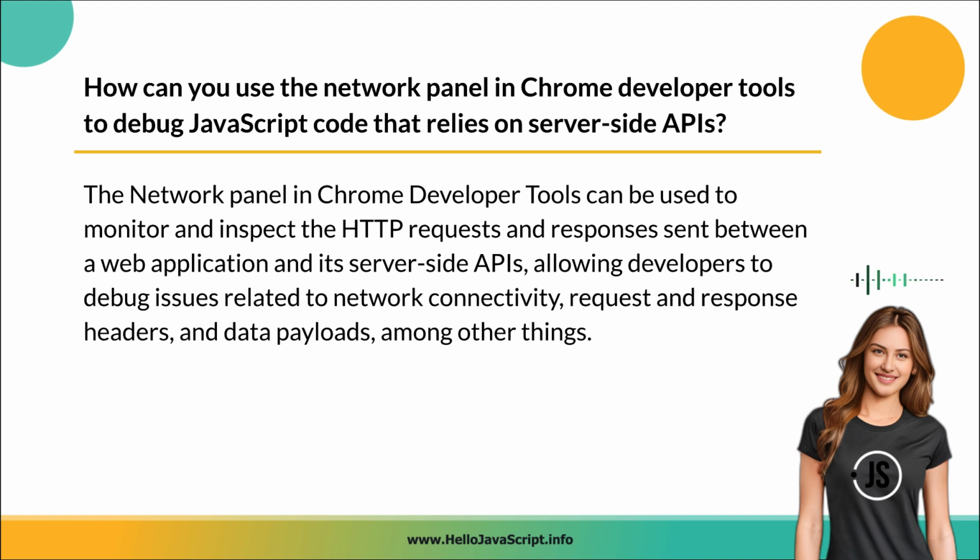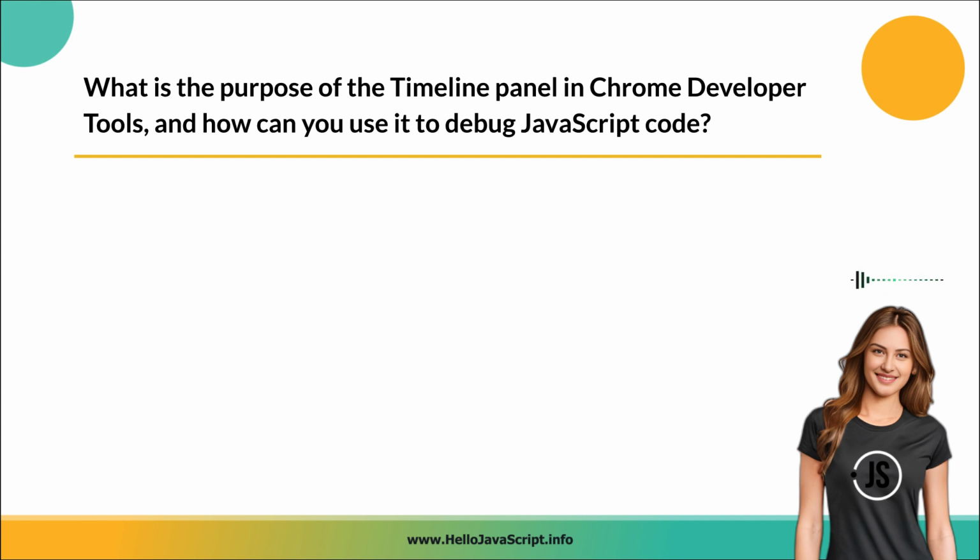The Network panel can be used to monitor and inspect the HTTP requests and responses sent between a web application and its server-side APIs, allowing developers to debug issues related to network connectivity, request and response headers, and data payloads, among other things. Let's move on to the next question.